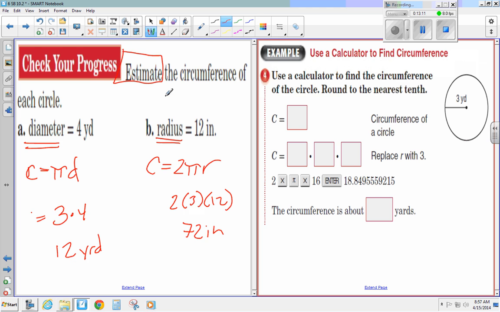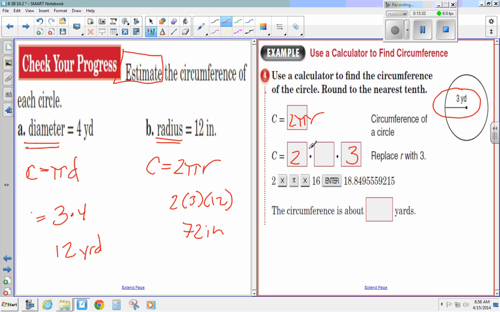All right, now you can use a calculator to find the circumference. Use a calculator to find the circumference of the circle. You're still using the same formula. Radius, 2 pi r. So that's 2 times r, which is 3.